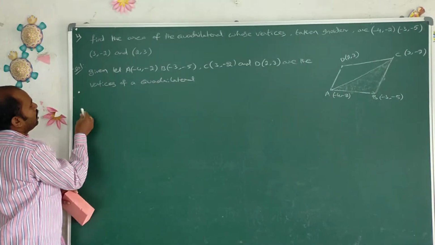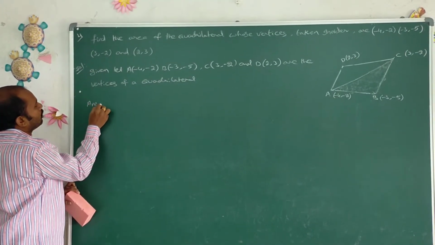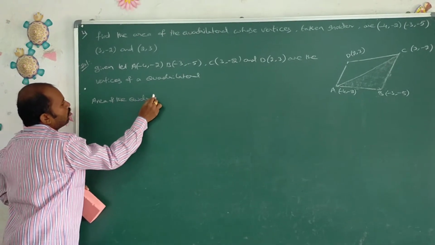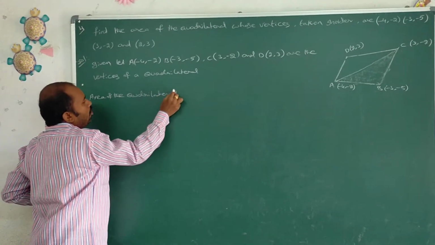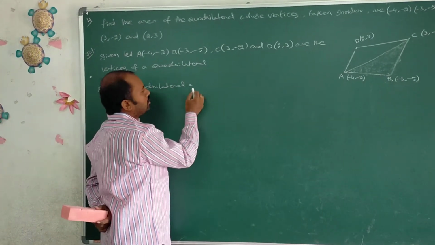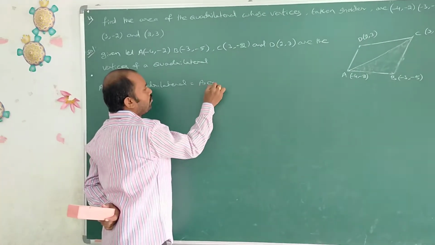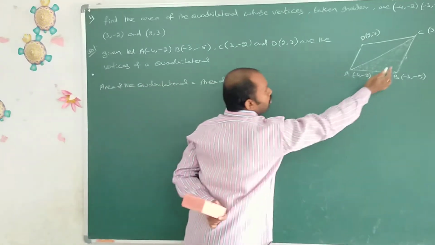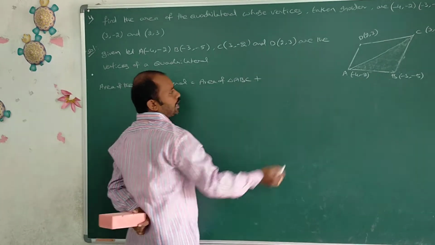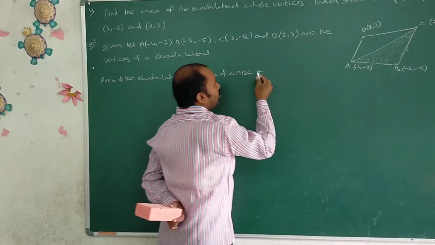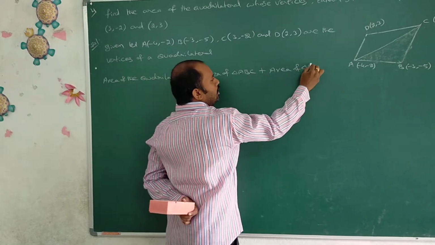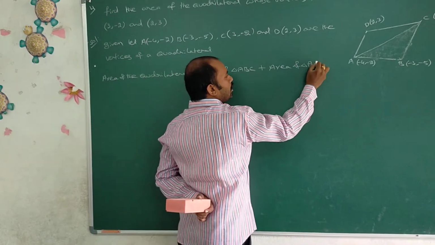What do we find? The area of the quadrilateral. How to find it? By adding the areas of two triangles. First, the area of the first triangle, area of triangle ABC, plus the second triangle, area of triangle ACD.